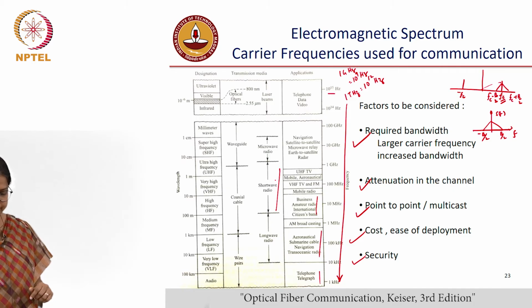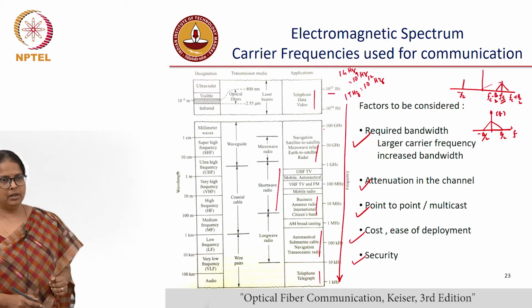This is shortwave radio, and this is microwave radio, where you are at gigahertz frequencies, and then you have a jump here, and then you have optical communication. The carrier frequency for optical communication is of the order of hundreds of terahertz.